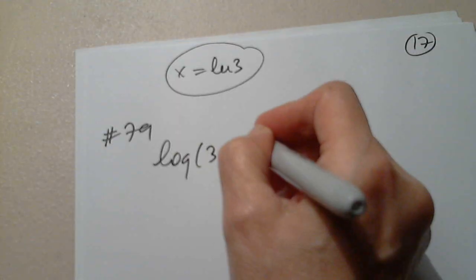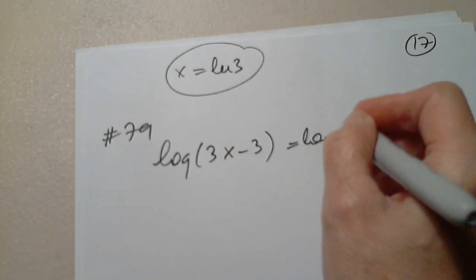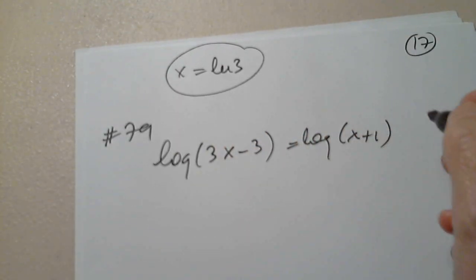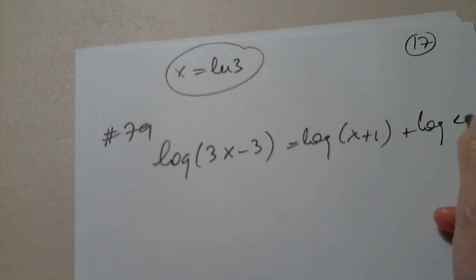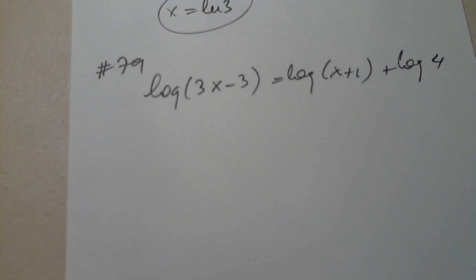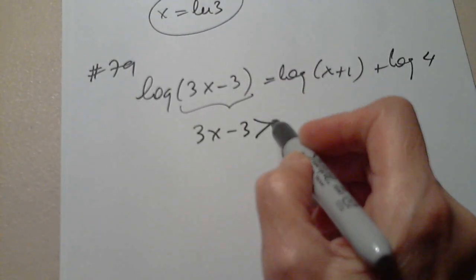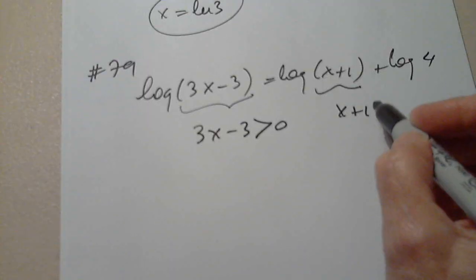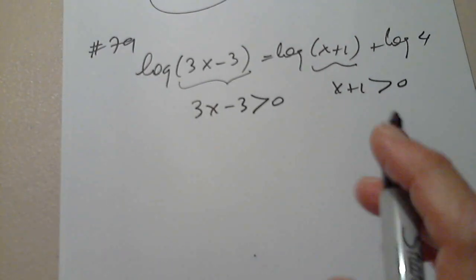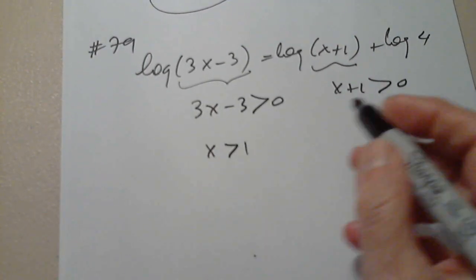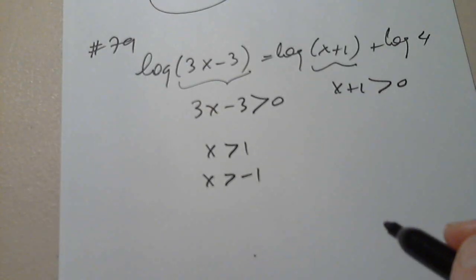Common log of 3x minus 3 equals common log of x plus 1 plus common log of 4. Am I correct? Am I copying from one problem? Yes, I did. Okay. You know me. 3x minus 3 must be greater than 0. x plus 1 must be greater than 0. So this one x greater than 1 and this one greater than negative 1.